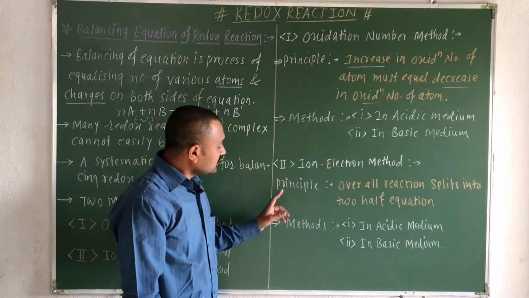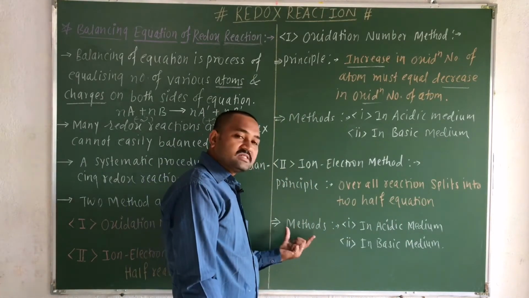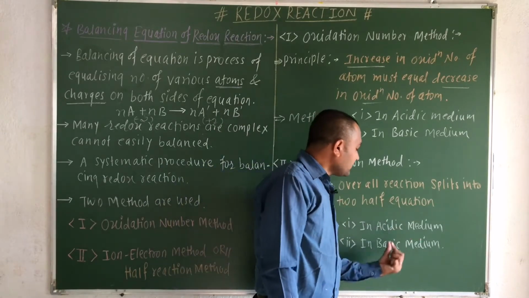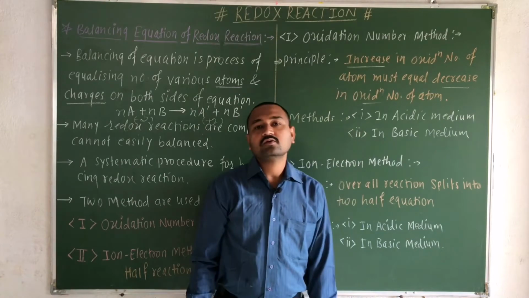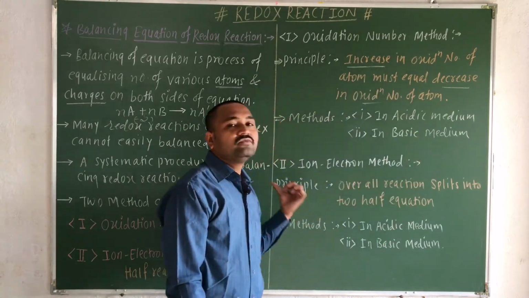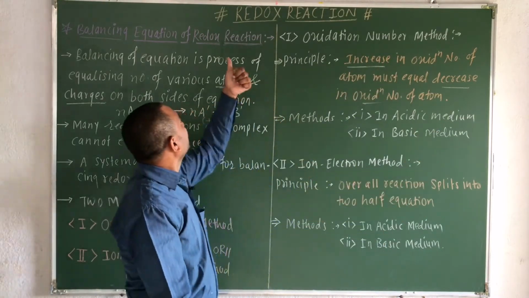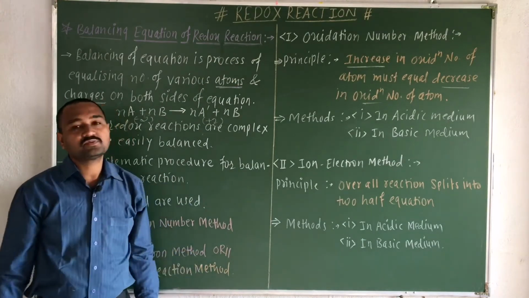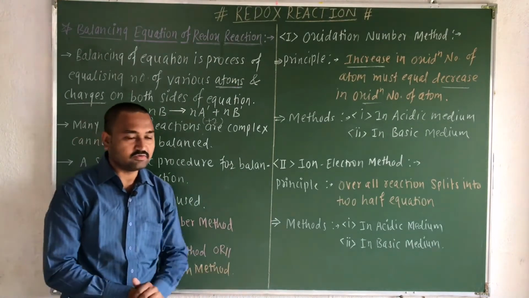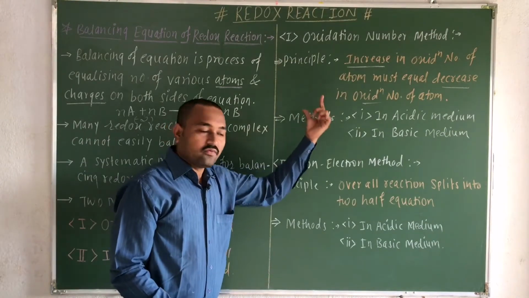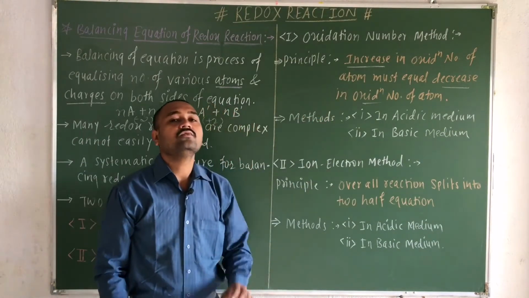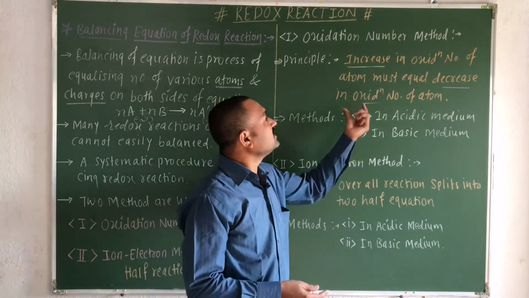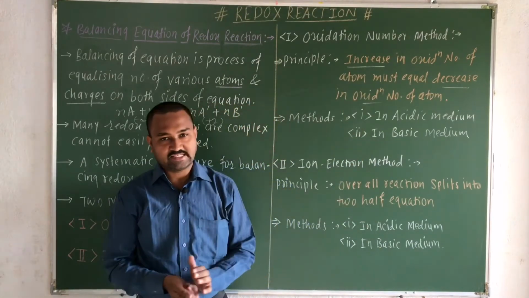Here also we are going to study how to balance the redox reaction in acidic medium and in basic medium. So this much we are going to learn in this topic, that is balancing of equations for the redox reaction. Though we require a systematic procedure, we have given a few steps, and on the basis of those steps we can easily balance this redox reaction.